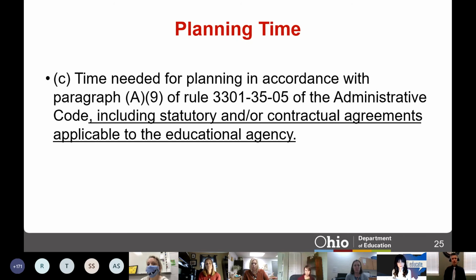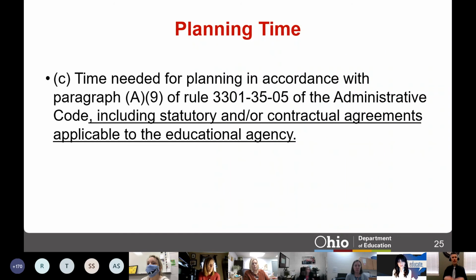There are some rules in Ohio that also have to be factored in there. So it's not just about those important student outcomes, LRE, FAPE, progress, but it's also planning time. There is something in our administrative code that talks about the allocation of planning time.